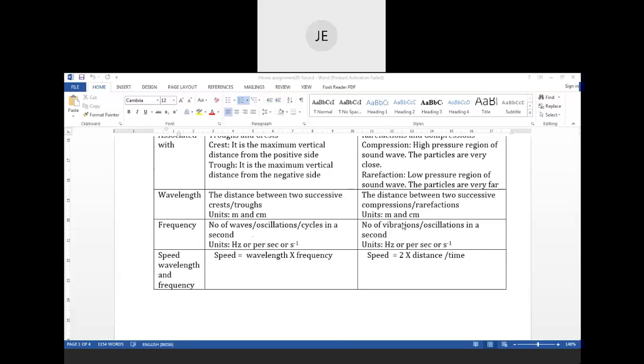The same definition applies to longitudinal waves, but since a longitudinal wave is vibration related, we specifically say the number of vibrations in a second is called frequency. Its unit is hertz, or per second.